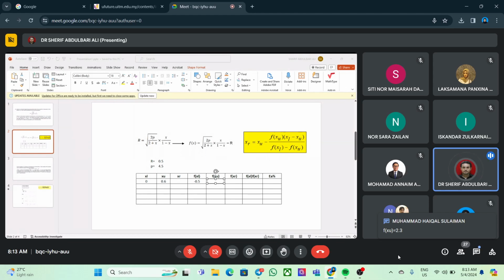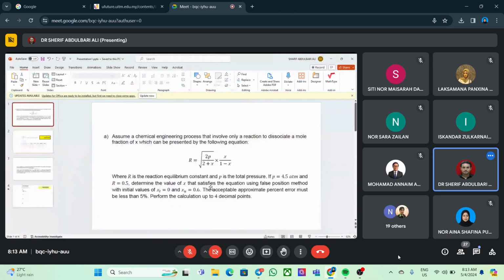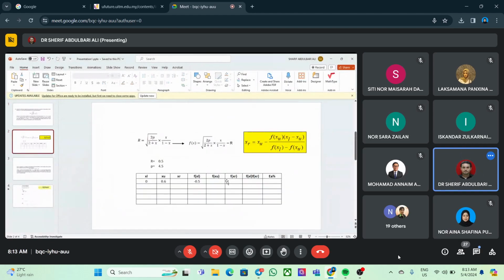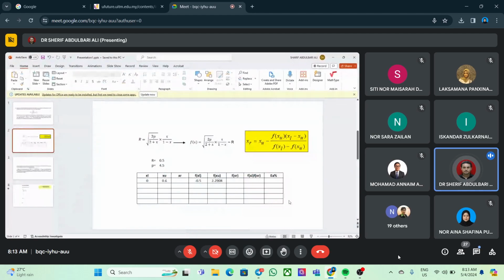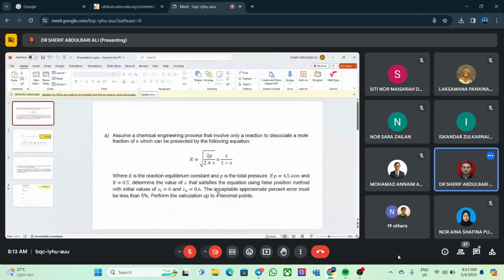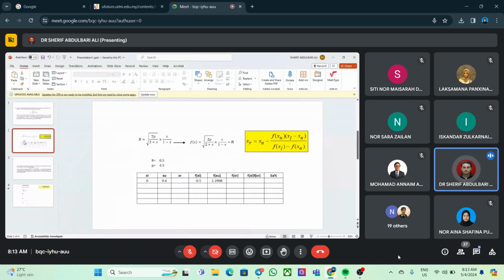Remember that we are saying your calculation is supposed to be up to 4 decimal points. The answer is 2.2908, so stick to this. Perform the calculation up to 4 decimal points. Your answer is correct, but it only has 1 decimal point.